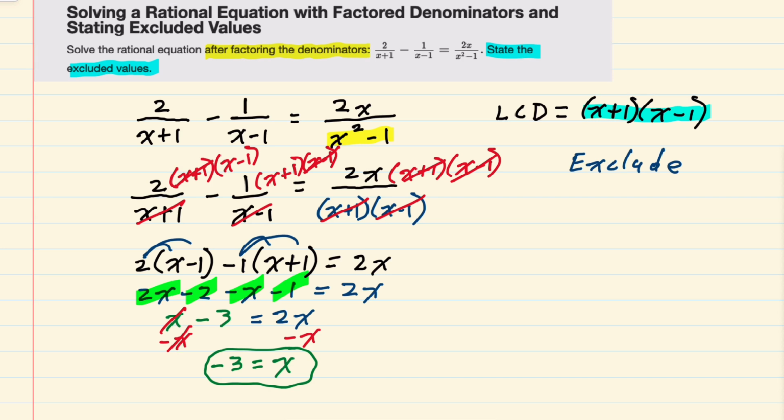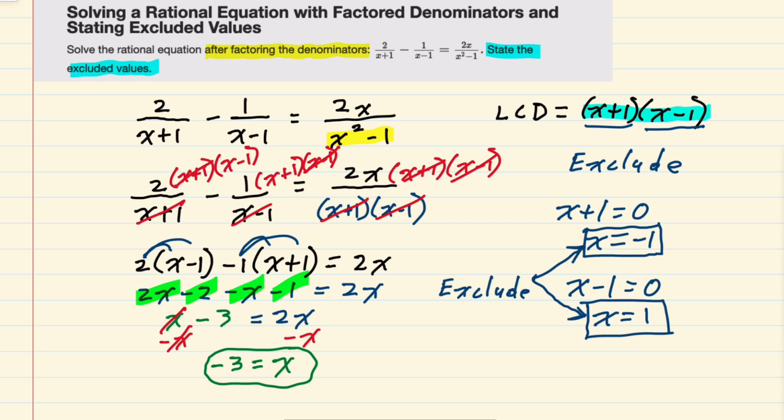So I would exclude where that first term equals 0, which means I would exclude x equals negative 1. And the same for the second term, x minus 1 cannot be equal to 0, so I would also need to exclude x equals positive 1. So we have our solution and two excluded values.